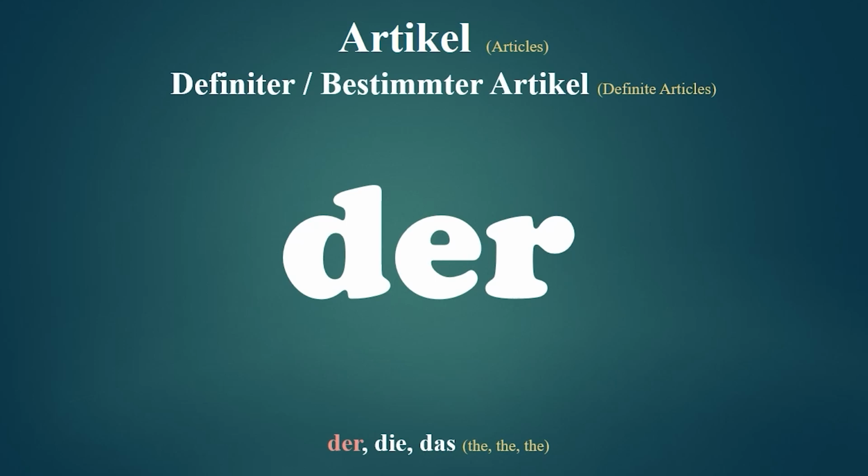Die belongs to the group that uses feminine nouns. And then das belongs to the group that is associated with neutral nouns. So der, die, das. Today we are looking at der. Let's have a look at some nouns that go with der.